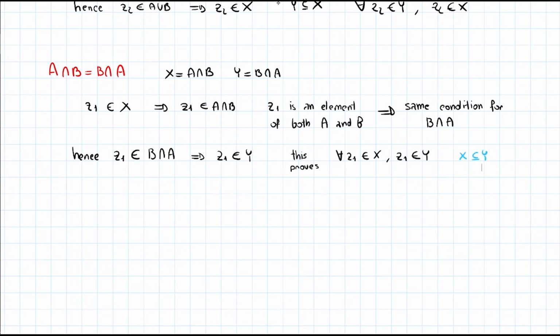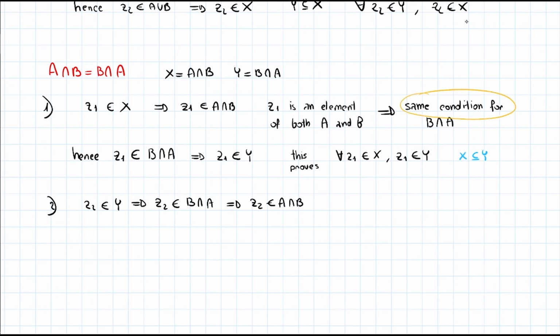This proves that for each element Z1 belonging to the set X, Z1 belongs also to Y, and X then is a subset of Y. The contrary is the same reasoning, so Z2 belongs to Y is the same as saying that Z2 belongs to B intersection A, but it's the same condition as before: Z1 belongs to both B and A is the same condition as Z2 belongs to both A and B, which means that Z2 belongs to X, and in this way we have proven that for each Z2 belonging to Y, Z2 belongs also to X, so Y is a subset of X. These two together prove that X is equal to Y eventually.